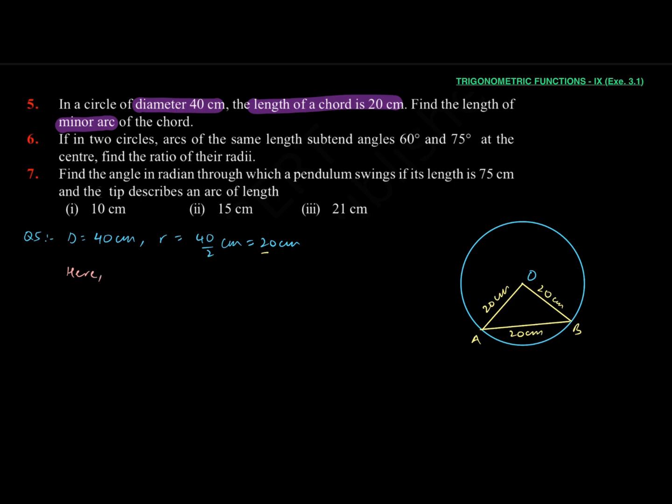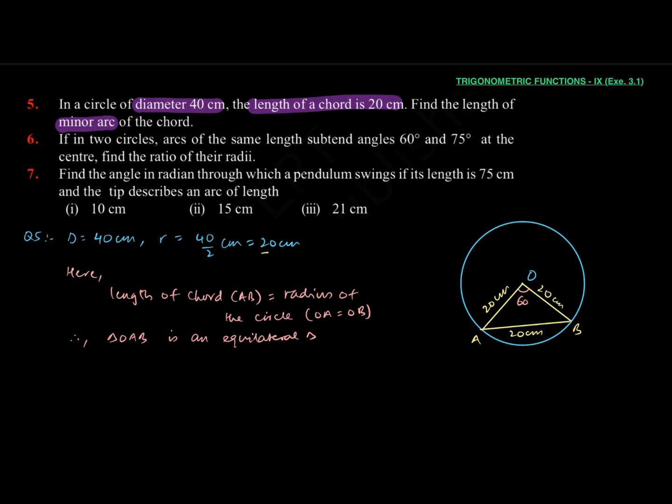So here length of chord, that is AB, is equal to radius of the circle, that is OA is equal to OB. So therefore triangle OAB is an equilateral triangle. We know that each angle of an equilateral triangle is 60 degrees. So angle O will also be 60 degrees.